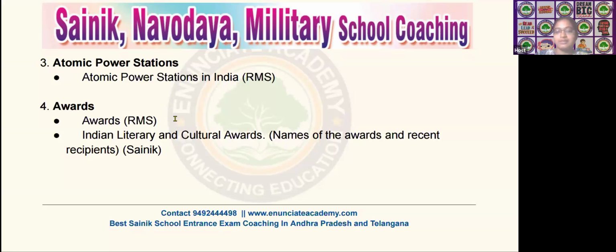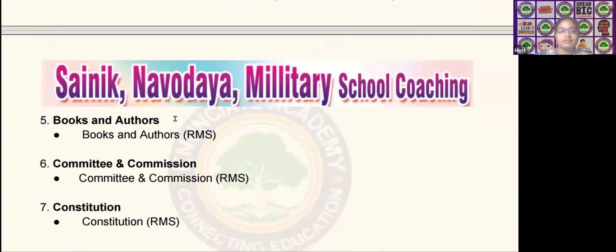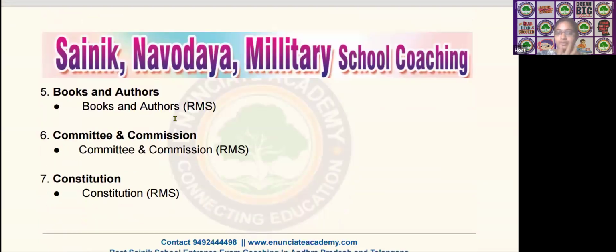And then the next one is books and authors. Who wrote which books? Questions come from this concept, books and authors. It is from the RMS and isn't there in the Sainik.